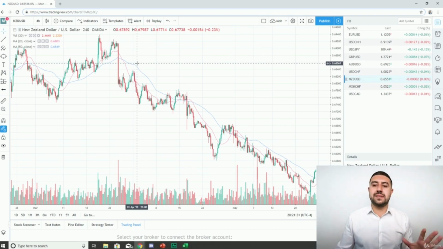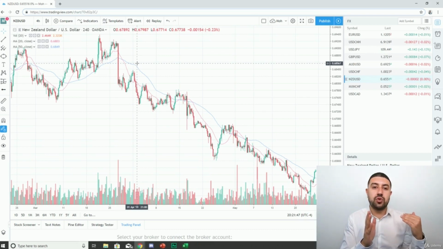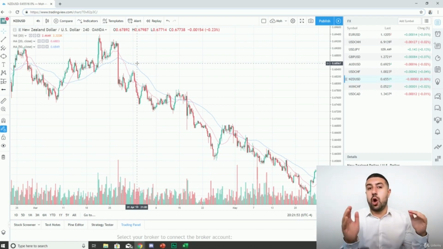And what this tells me is that if I use moving average as an indicator of the direction we're going, as a trend, well, what if I have one that's shorter in term? So a 20-day one versus a 50-day one. The 20-day moving average is going to tell me about the direction in the short term versus the 50-day moving average, which is going to tell me the direction in a longer term.